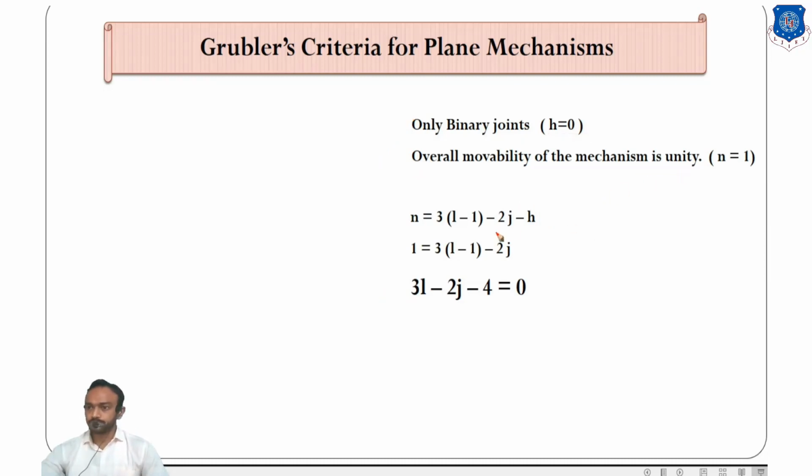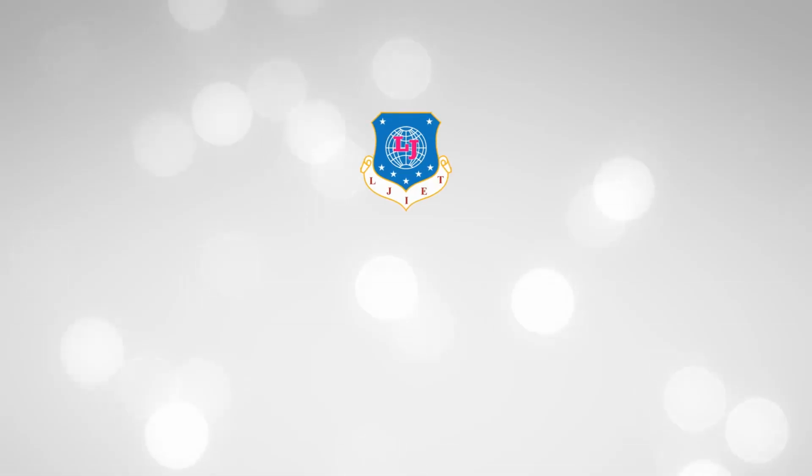So when we put h equal to 0 and N equal to 1, the equation becomes 3L minus 2j minus 4. This formula is used only where the degree of freedom is 1 and there is no higher pair. So 3L minus 2j minus 4 is equal to 0.